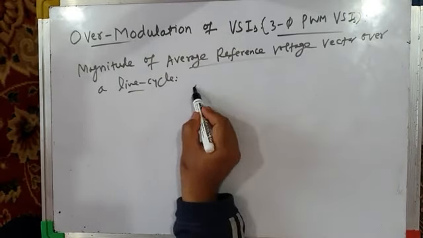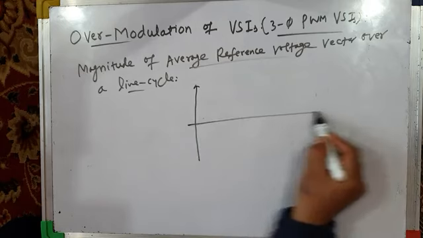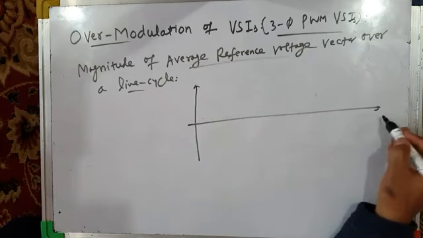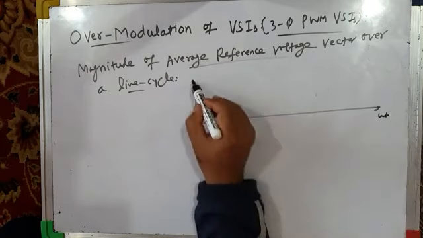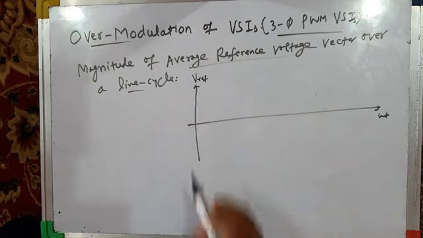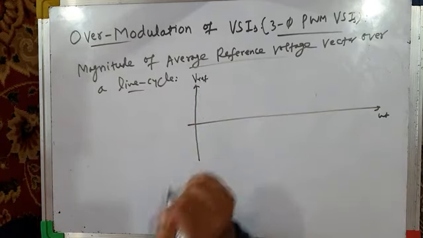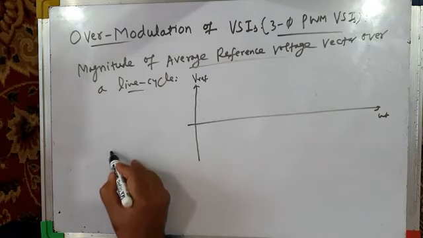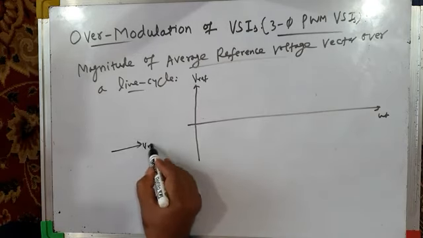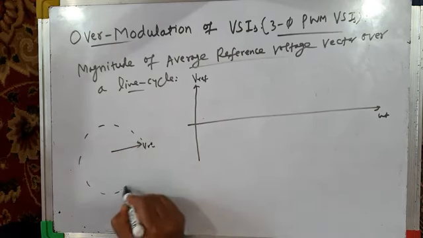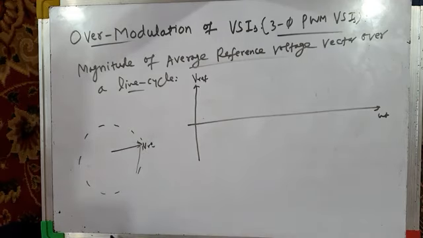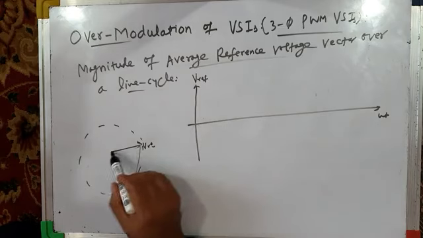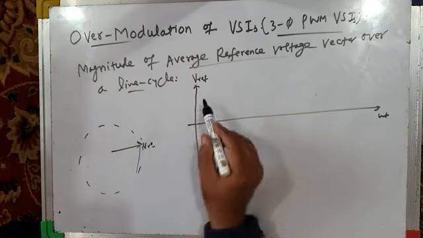We have already studied this when we were studying the space vector PWM technique. Our VREF, the average reference voltage vector, is a rotating vector, which traces normally a circular path. This VREF for a given modulation index is constant.